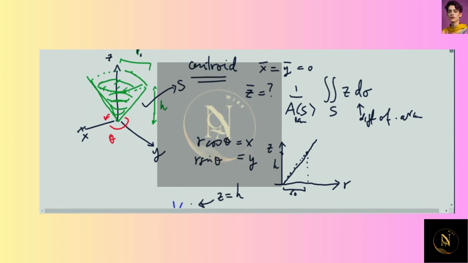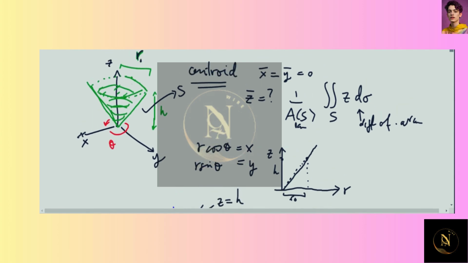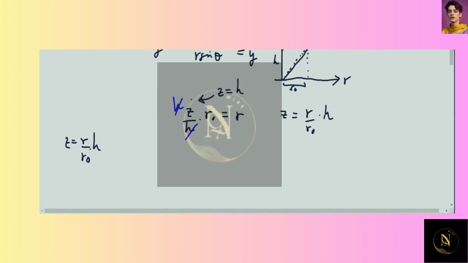And so all this differential area is going to be equal to r theta cross product with r sub r times dr d theta.